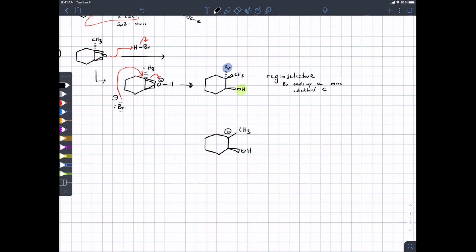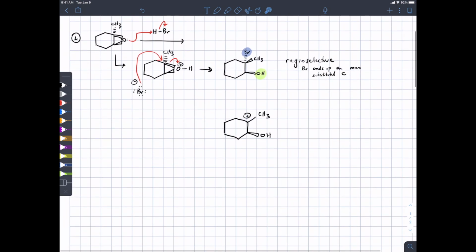So that means there can't really be a full carbocation intermediate. If there were, we'd expect to see some of the case where Br added from above.